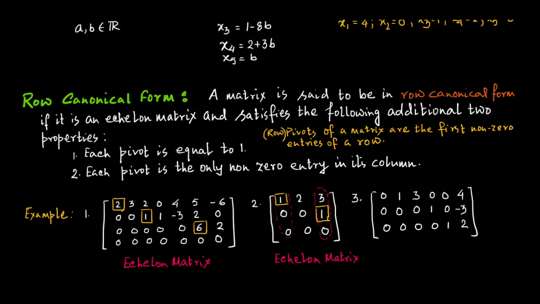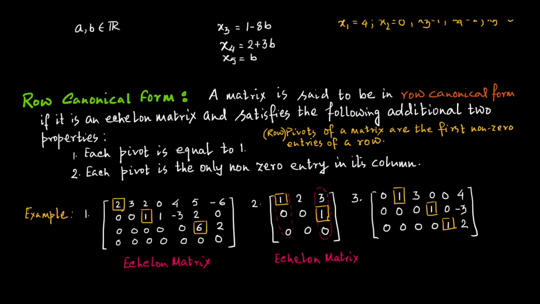Okay, let us investigate the third one. Let us mark the pivots first. This is the pivot for the first row, pivot for the second row, pivot for the third row. Pretty simple. So these are the three pivots. Now again, you can check it satisfies all the requirements to be an echelon matrix. So it is an echelon matrix. Each pivot is equal to 1.